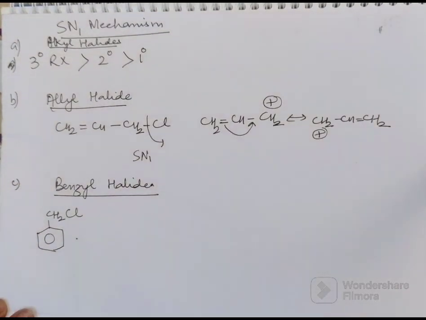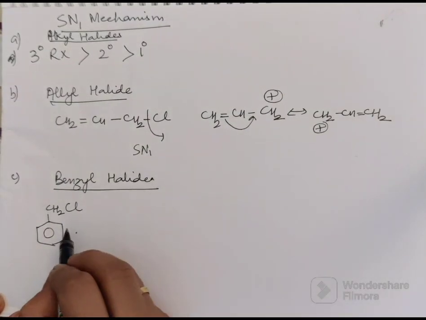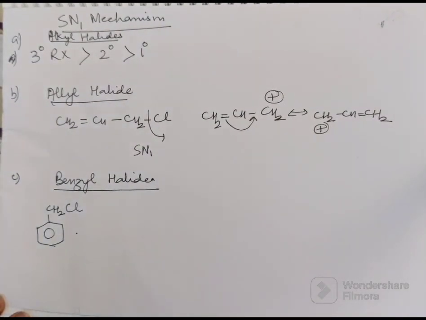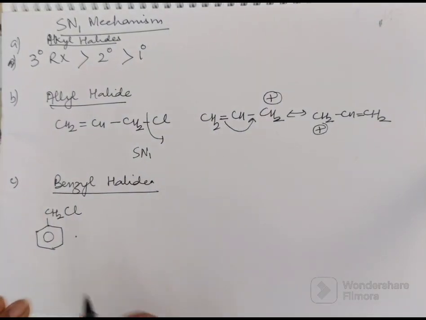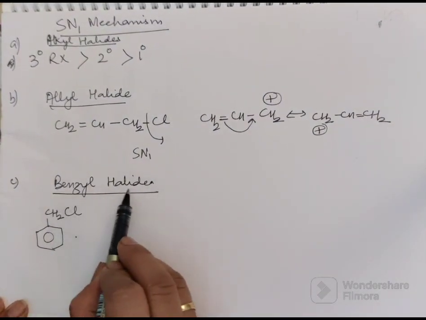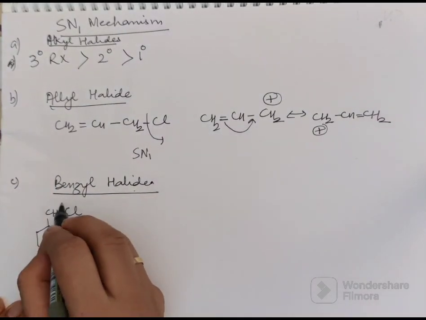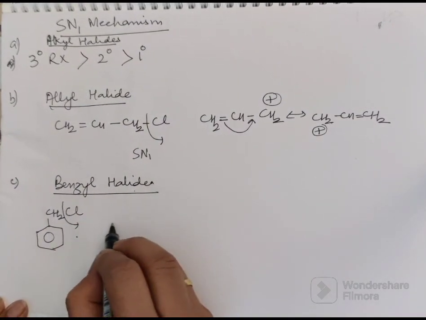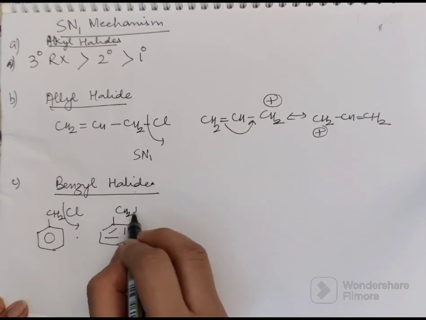One more, because this question is in your NCERT solved examples. Some compounds are given and you have to find out which will be most reactive towards the SN1 mechanism. So understand, benzyl halides also have a stable carbocation, which means if this goes away we get the benzyl carbocation, CH2 plus.